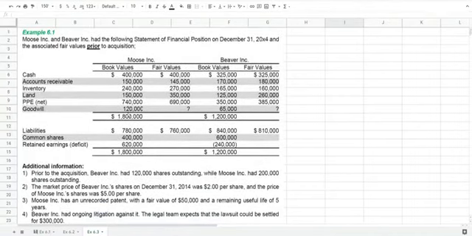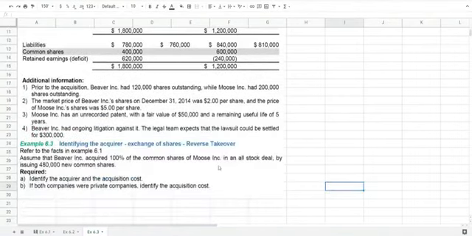So Beaver bought the shares of Moose in an all stock deal by issuing 480,000 new common shares.